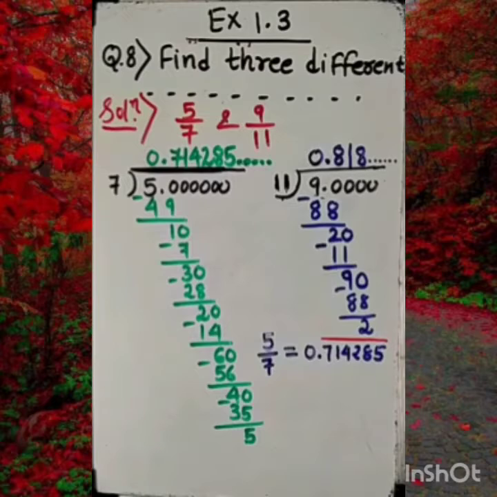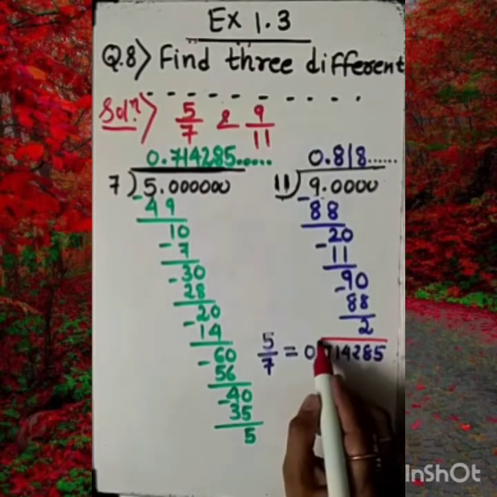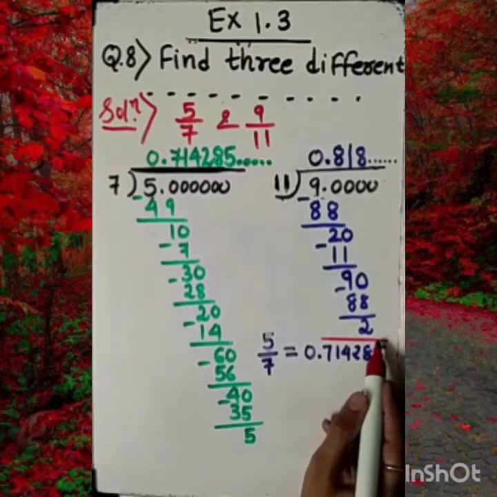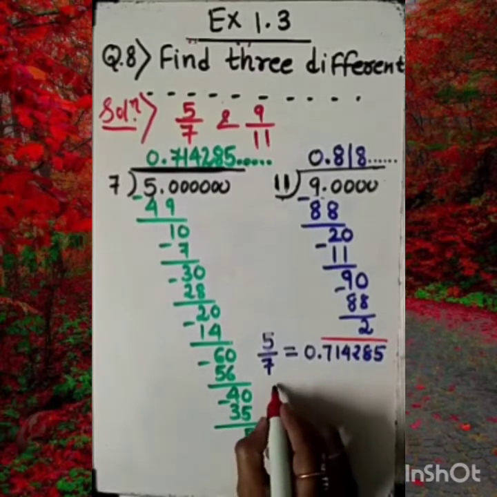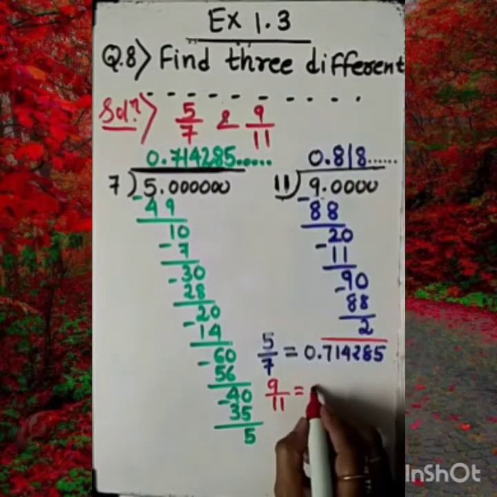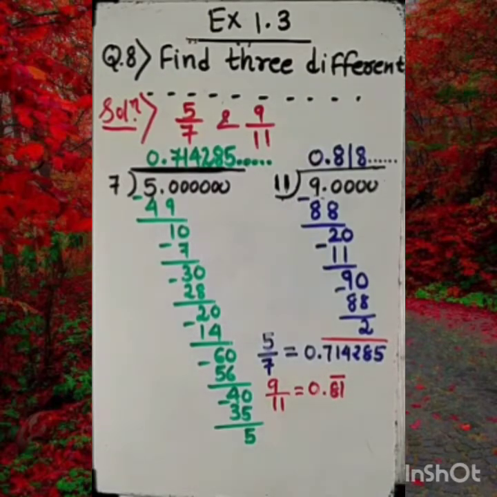In the previous video I taught you this will be written as a bar because it is repeating. Now the same thing here for 9/11. The answer is 0.81, and all the way it is repeating, 81, 81, 81, that is 818181.